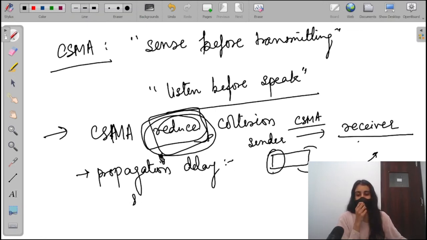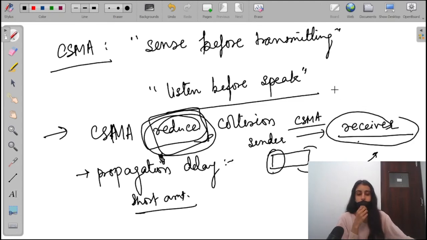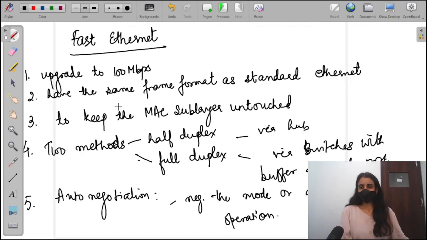It would be a very short amount of time, but it would get delayed. And the receiver station also needs some time to sense that the frame is coming. So that's why there might be a good chance of collision because of propagation delay.